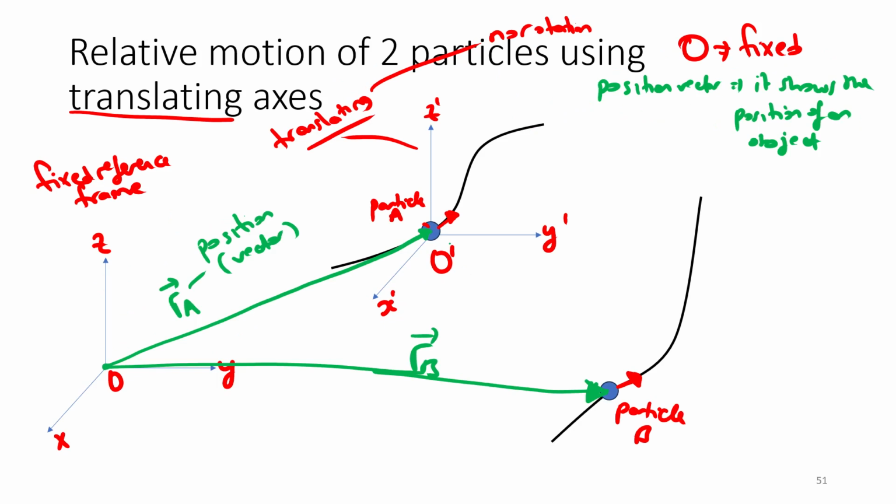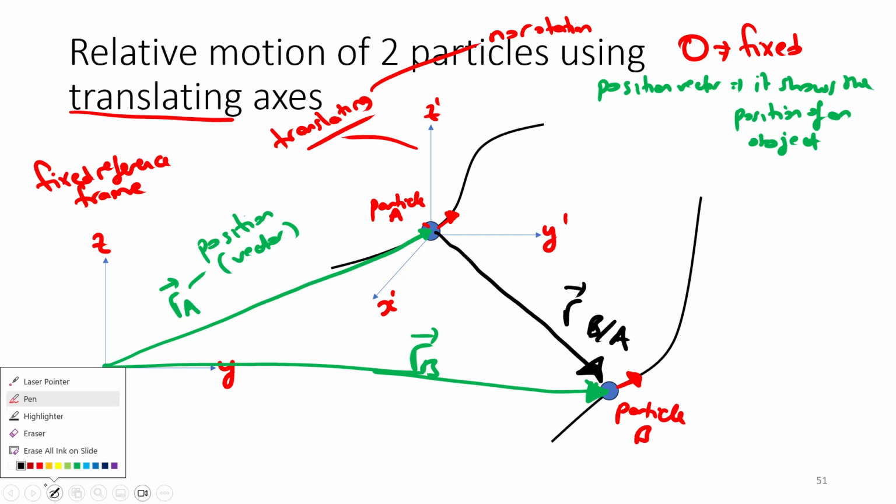Now the question is, with respect to this translating axis, what's the position of particle B? Let me add that as well to make things easier. So I will add it here as RBA.